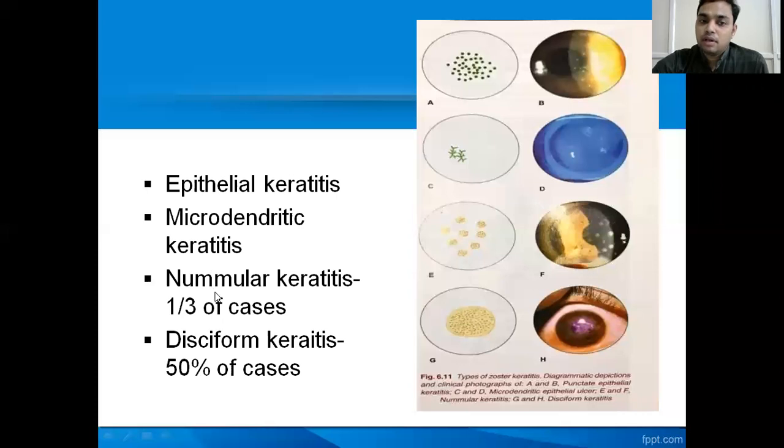And we see nummular keratitis and disciform keratitis. In 50% of cases we see disciform keratitis. In herpes simplex virus also, when the stroma is involved, we see disciform keratitis. But there we see dendritic ulcers. Here we see microdendritic keratitis. And nummular keratitis is seen in herpes zoster ophthalmicus.